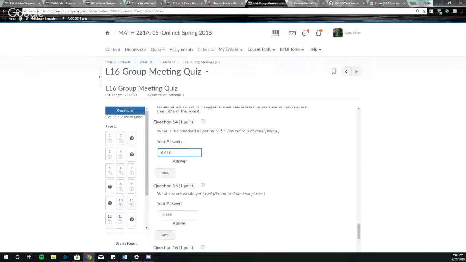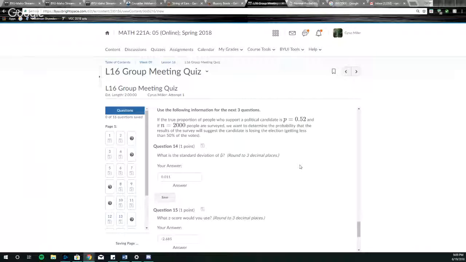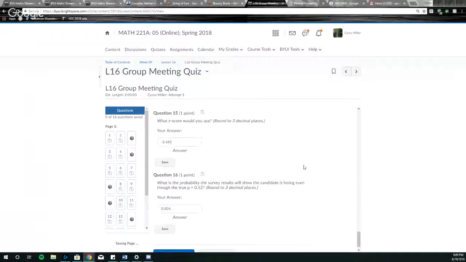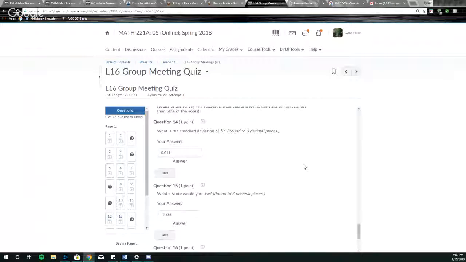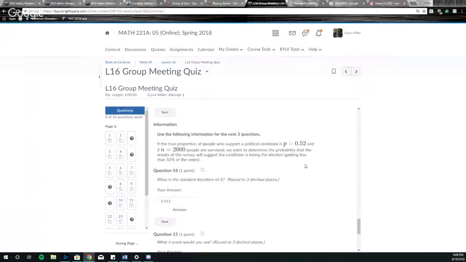All right, so let's look at the book on my other screen here. z equals p hat minus p divided by the standard deviation. Yes. So what did you use for p hat on that one?